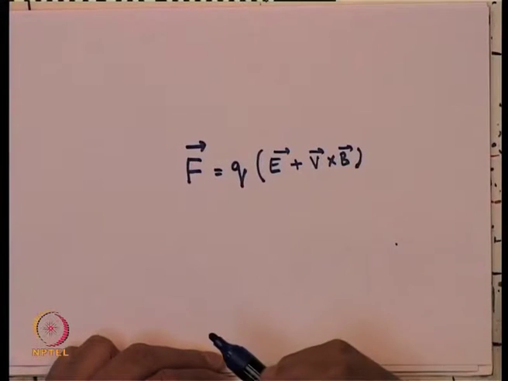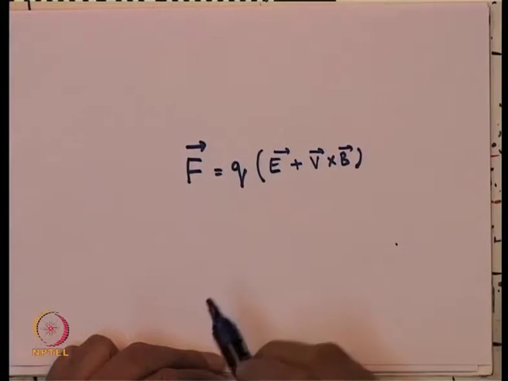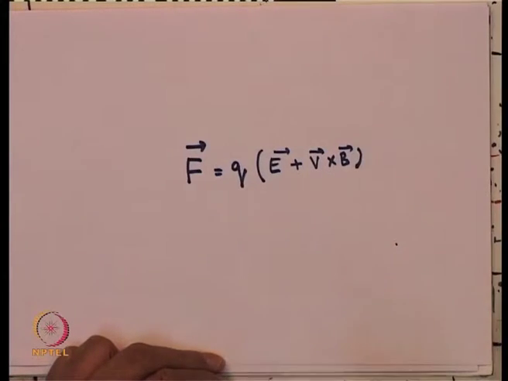Take for example a frame of reference in which v is 0, it means the particle is at rest. In that frame, the force on this particle because of the magnetic field would be 0. Let us assume that E is 0, so it means there is no force. But in any other frame of reference, when v is non-zero, the charged particle would experience a force which is v cross B.